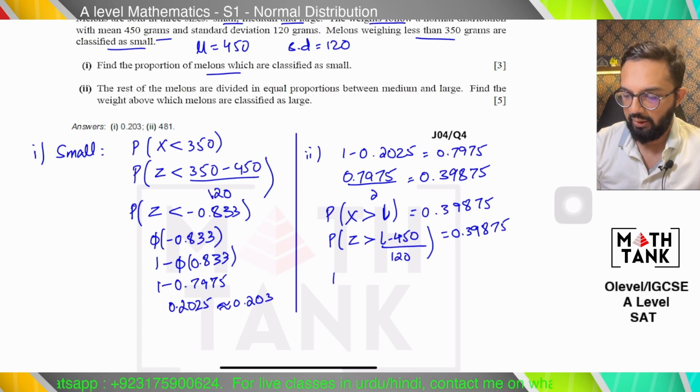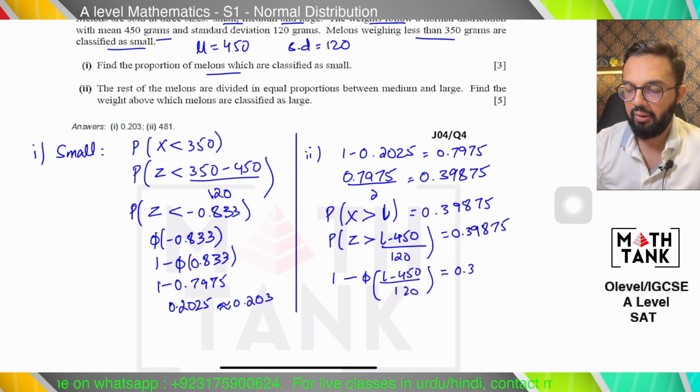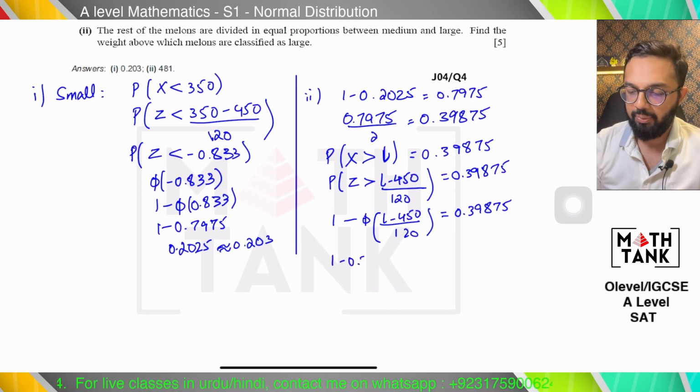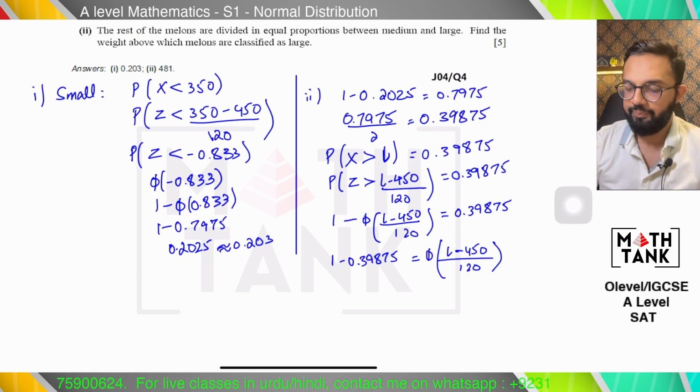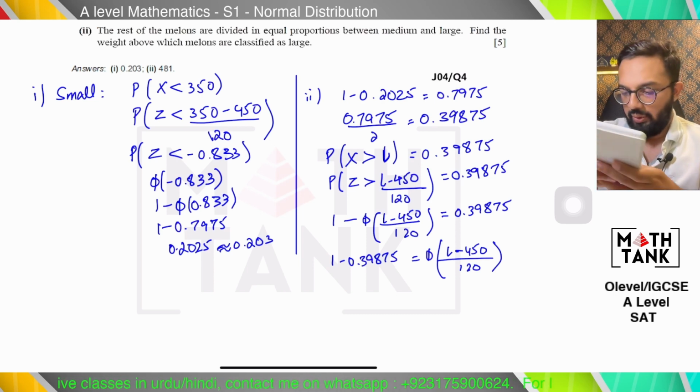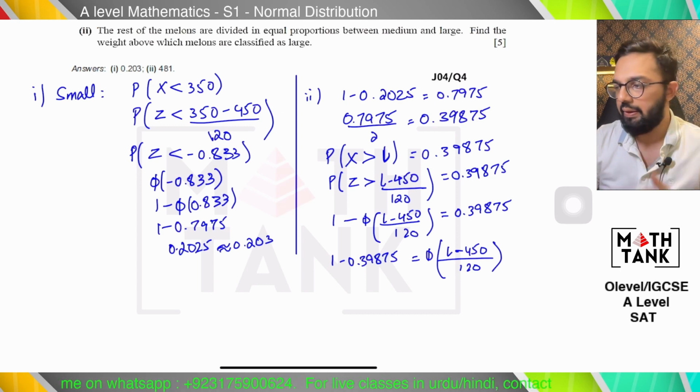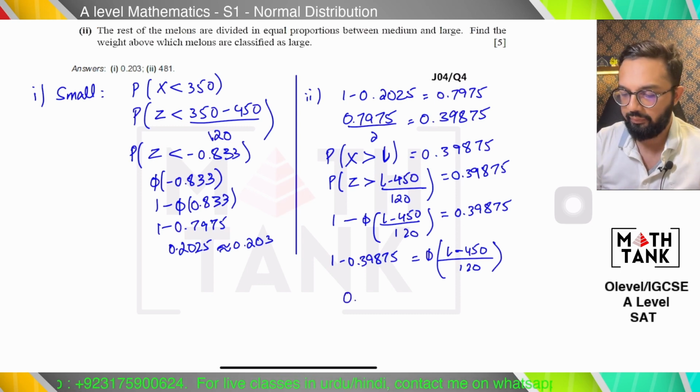So 1 minus phi of (L minus 450) divided by 120 equals 0.39875. Then phi of (L minus 450) over 120 equals 1 minus 0.39875, which is 0.60125.